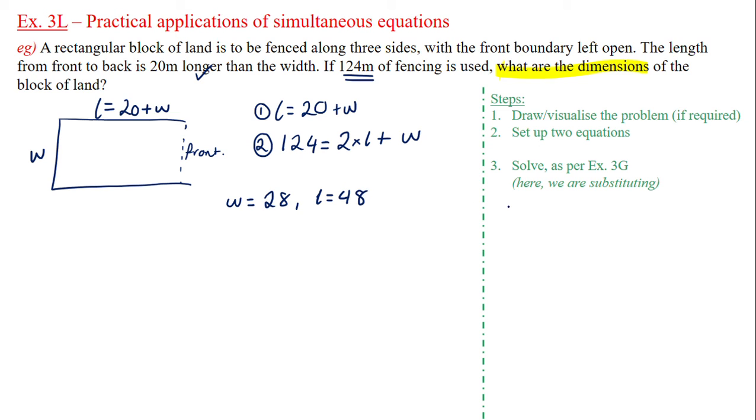So it also can be done on your CAS. If you weren't too sure how to do that, refer back to exercises 3I or 3K. I would go with 3K personally, so page 150 to 151 is my recommendation for you there.